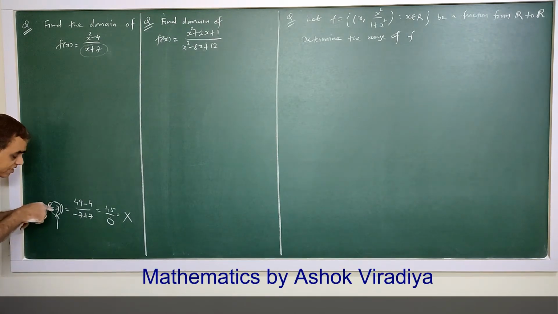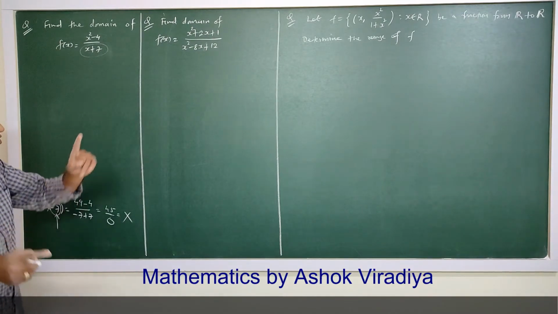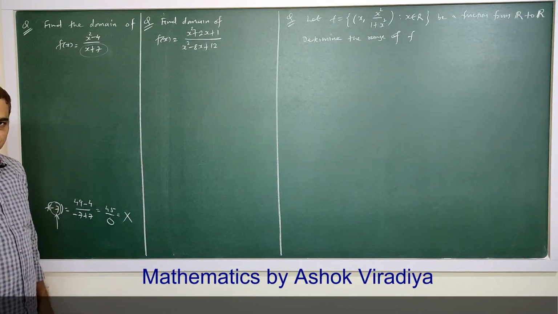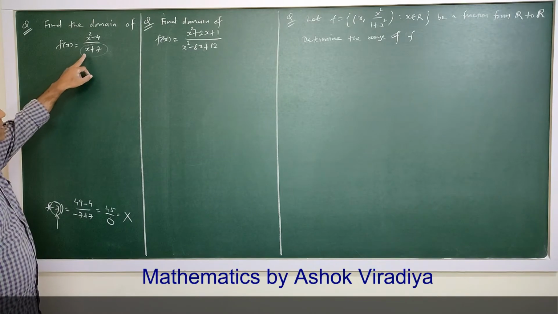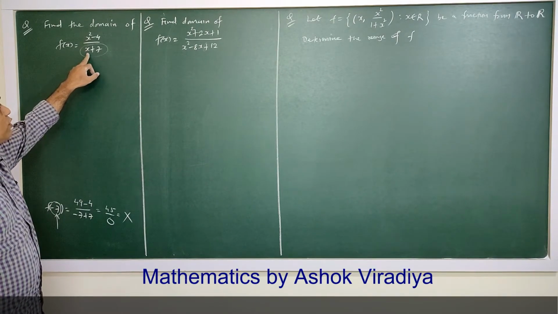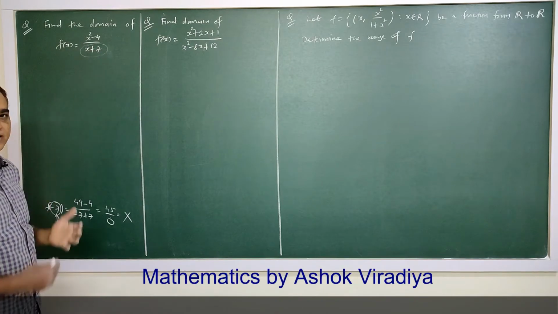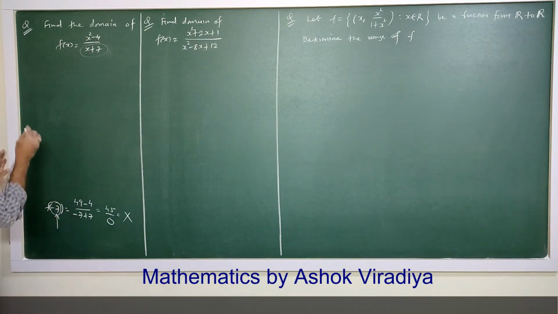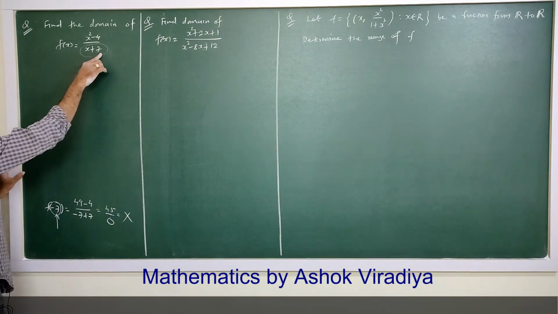So that means don't put minus 7. Don't put any number for which the denominator is 0. And here there is only one number, minus 7, for which we are getting this problem. So for x equal to minus 7, this is not defined.